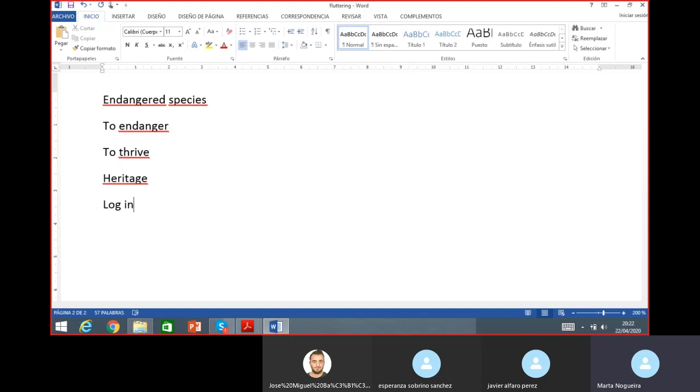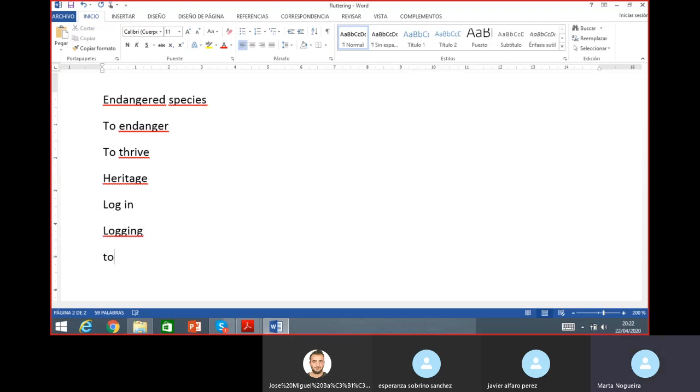So logging here is nothing to do with iniciar sesión. In this case, logging means caza furtiva, la deforestación, todo esto es logging, ¿vale? Explotación forestal. I will translate it as explotación forestal.